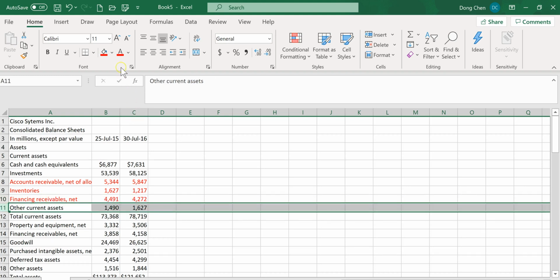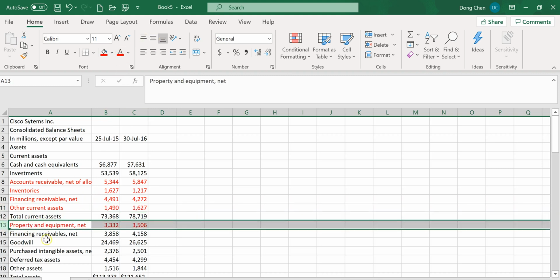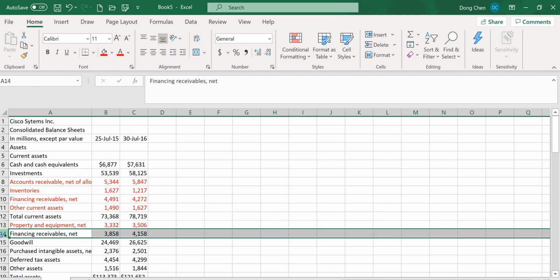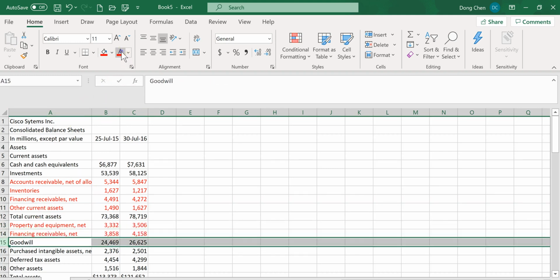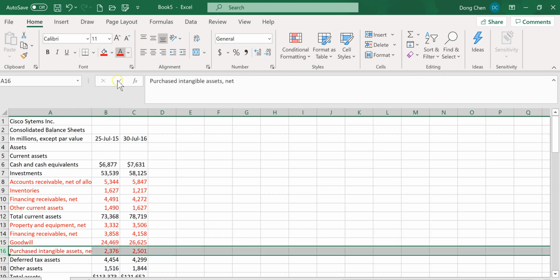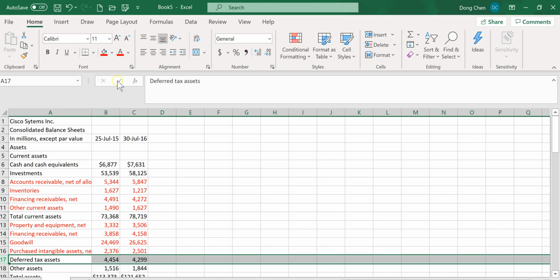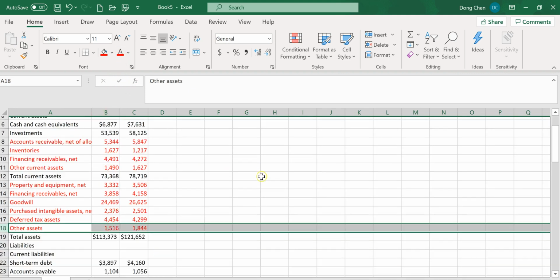Other current assets are also normally operation related. Then net PPE, financing receivables net, goodwill, purchased intangible assets, deferred tax assets, and other assets are all operation related.